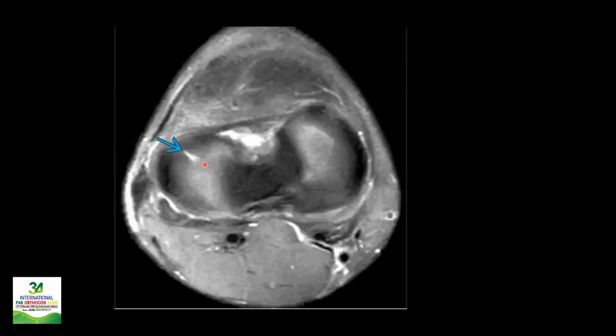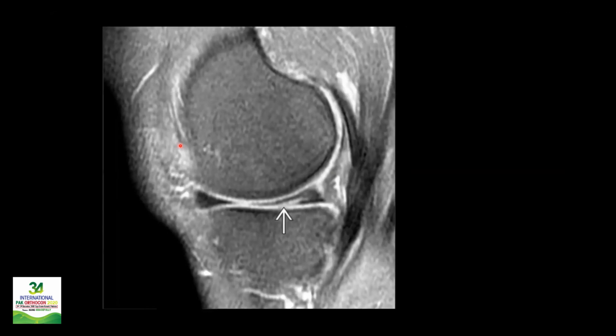This is another case. What you see in this one is again the free edge inner part, and that's going to extend to the periphery, and this is again a radial tear. So now what about this case?